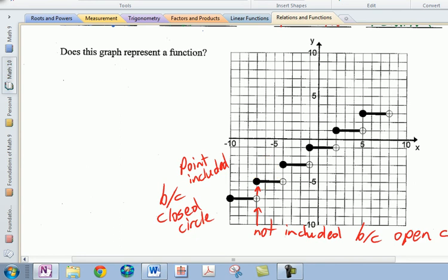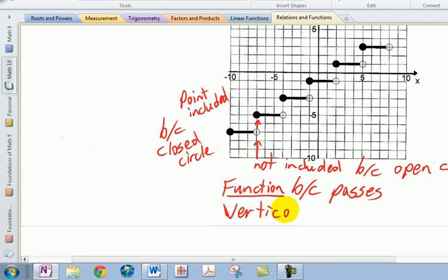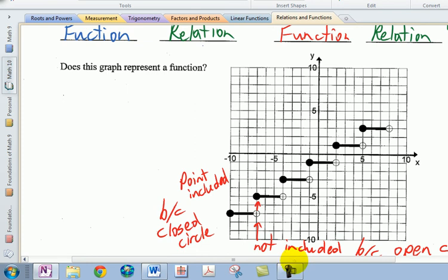So in fact, this is a function because it passes the vertical line test. It passes the vertical line test.